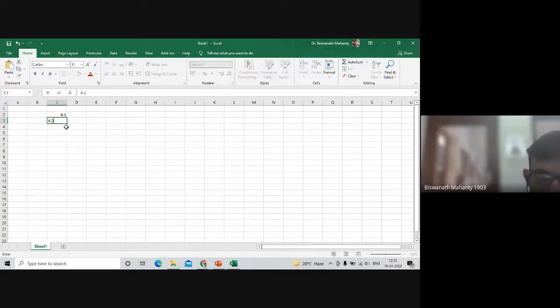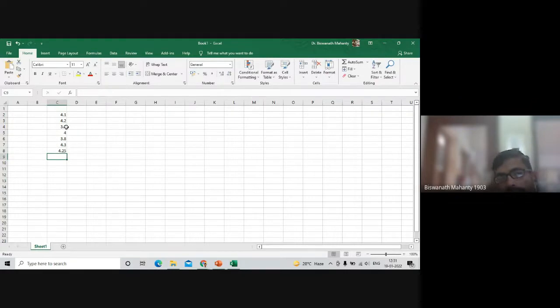For example, someone is getting 4.1, someone 4.2, someone 3.9, someone 4, someone 3.8, 4.3, 4.25, like that. Then I'm asking, tell me what is the root length increase for use of fertilizer? How can I solve that?